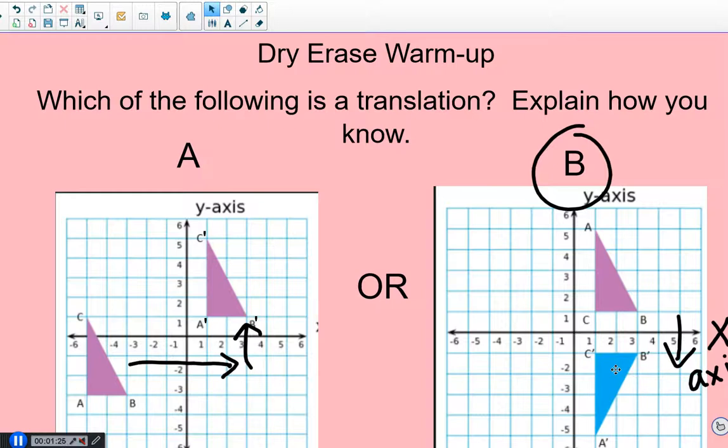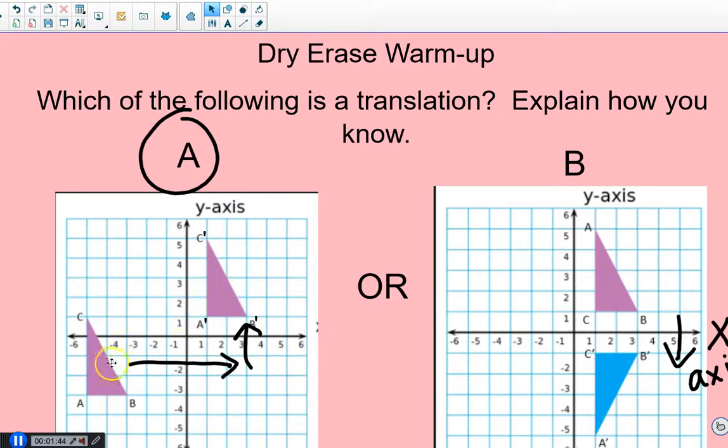I saw on your board, some of you wrote that B was a reflection because it was a flip. So the correct answer to this, A was actually our translation, B is going to be a reflection, and that's what we're going to learn about today.